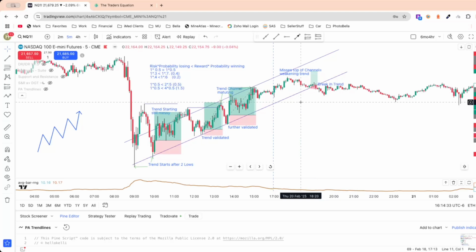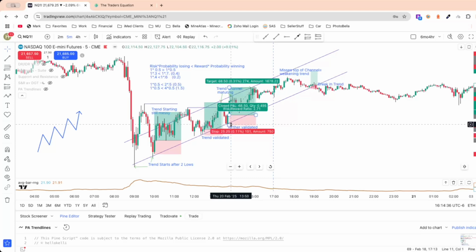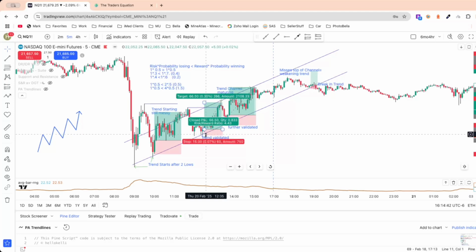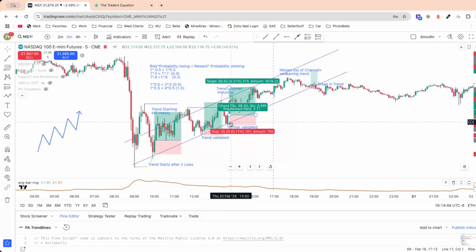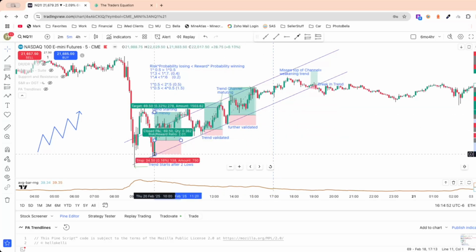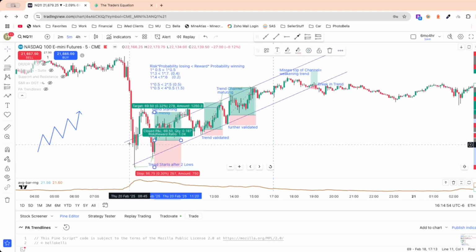Now, another thing I will add. I talked about the risk and where I would put the risk for these. I should point out, this is just what I do or what I have found is comfortable for me. But there are lots of people, especially if you're going to trade longer term, that will put their risk all the way down at the base of this trend.